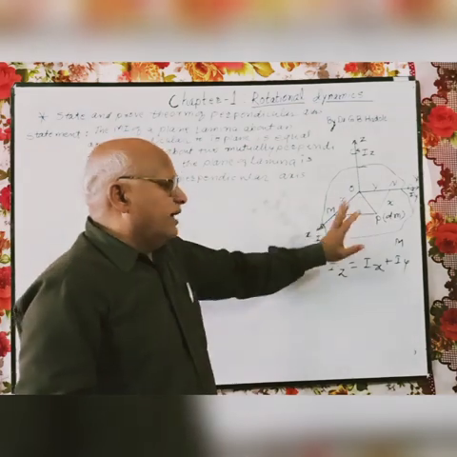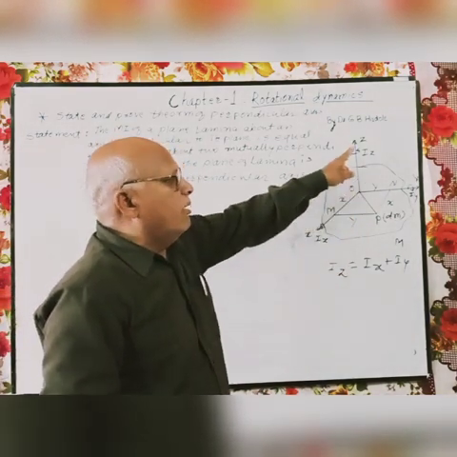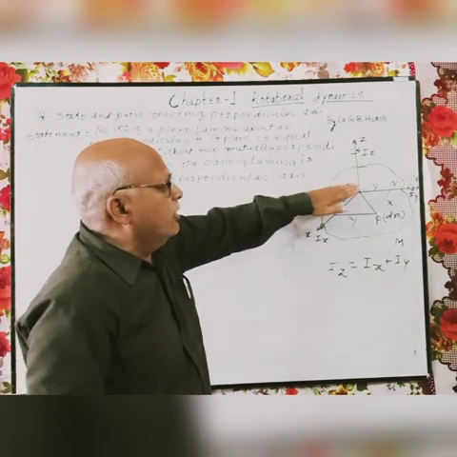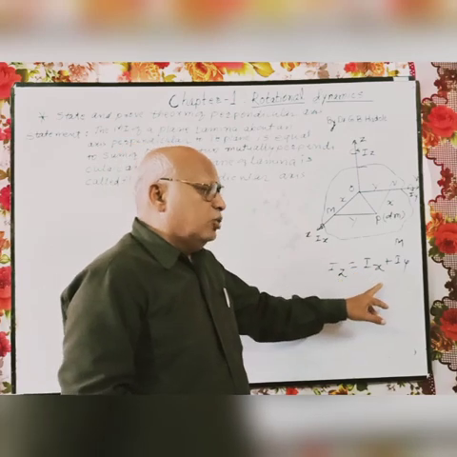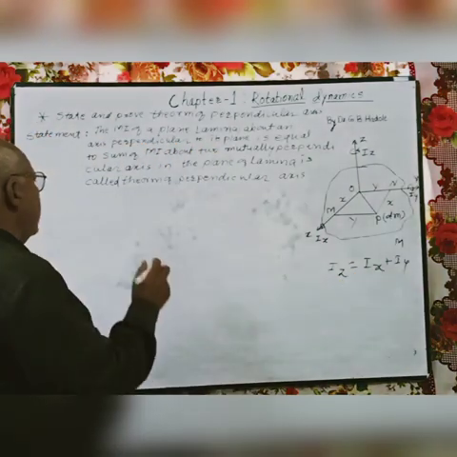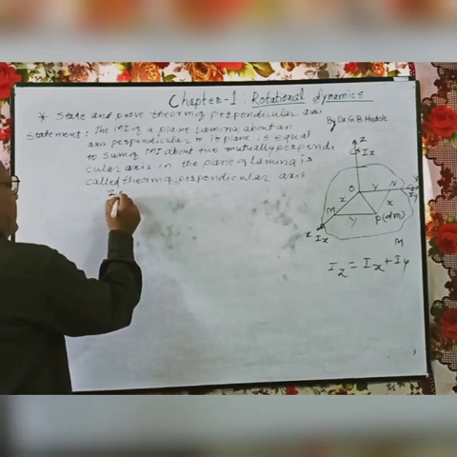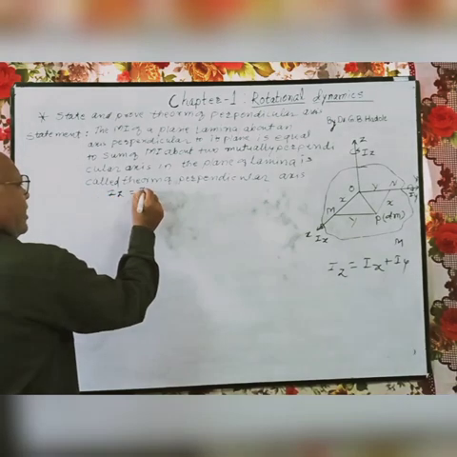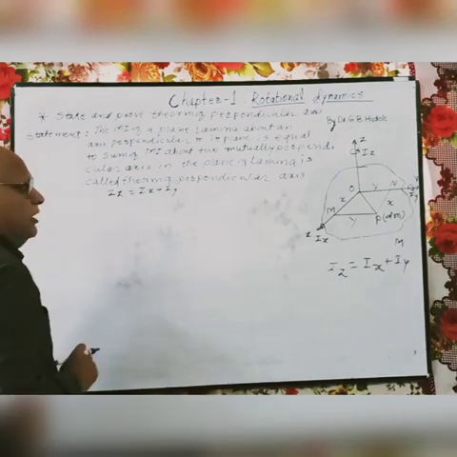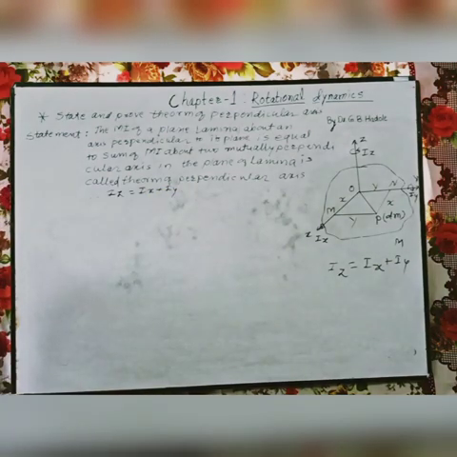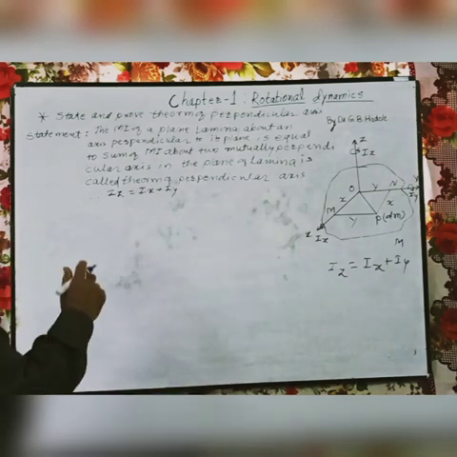Therefore the moment of inertia about an axis perpendicular to the plane of this lamina is Iz equal to Ix plus Iy, and this is the mathematical statement for the theorem of perpendicular axis.